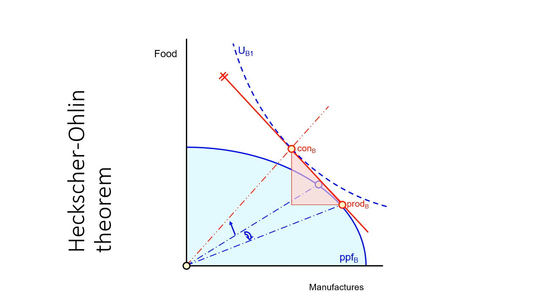So they're going to shift away their consumption from the more expensive good, which is manufacturers, to the cheaper good, which is food. What this entails is that via that substitution away from the more expensive good of manufacturers to the cheaper good of food, they will eventually land at the point con B. So this is on the higher utility curve.